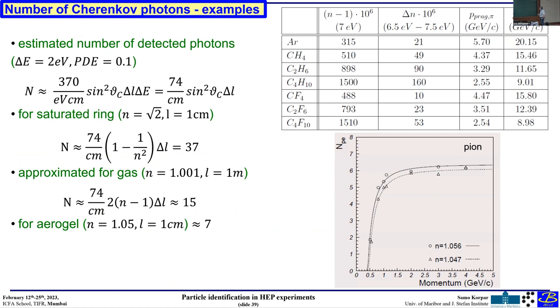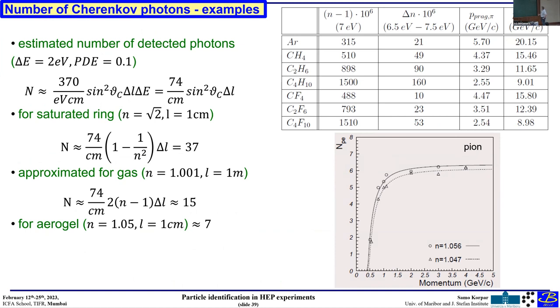A typical energy range is about 2 electron volts, efficiency in the visible and near UV region, and a typical photon detection efficiency over this region, let's say about 10%. So if you put this into our formula, you get about 74 photons per centimeter multiplied by the sine square of the Cherenkov angle.